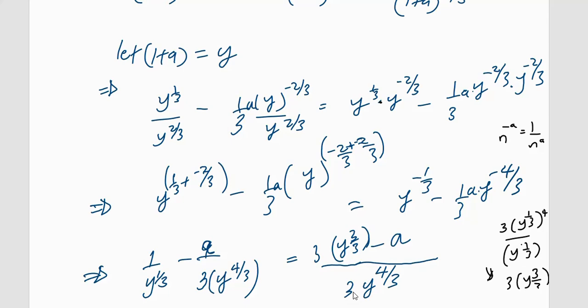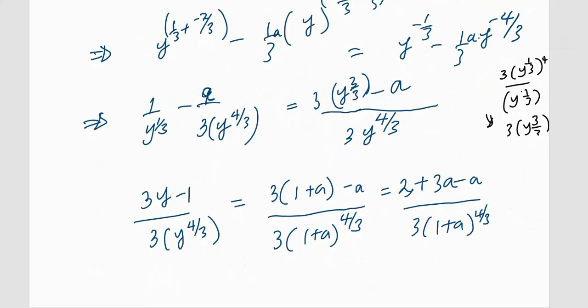If I divide 3 times y to power 4/3 by y to power 1/3, I will have 3 times y to power 3/3. Then minus, I get 3y to power 4/3 divided by this, I will have 1 times a, so I will have minus a here.